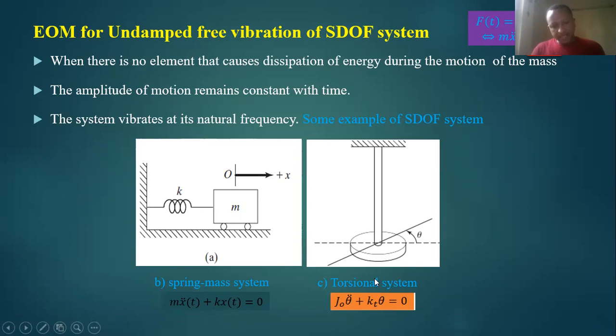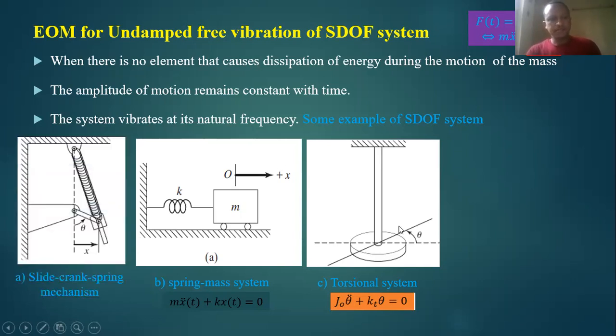Here we consider the mass replaced by J naught, the mass moment of inertia, and x double dot replaced by theta double dot of t. And k is replaced by the torsional elastic constant kt, and x of t is theta of t. So this is the equivalent system in the torsional vibration case.